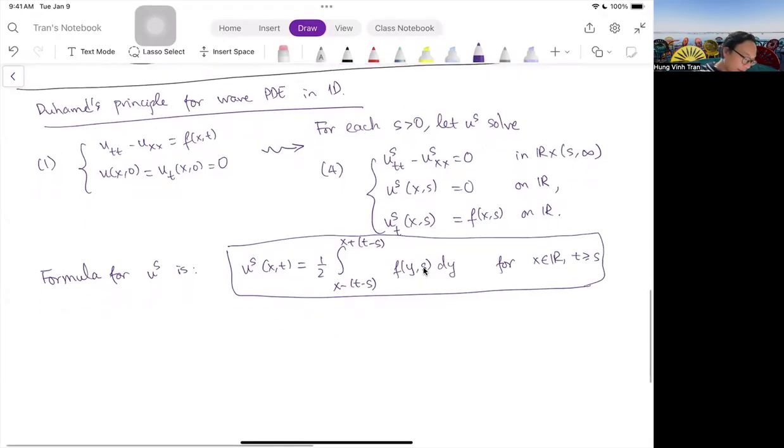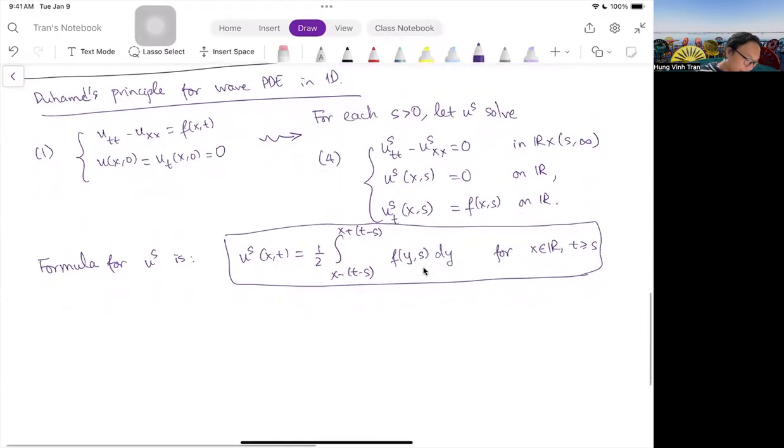So now let me state the theorem for this mini lecture, and we're going to prove it quickly and we are done. The solution to (1) is u(x,t), which is exactly summing up all the contributions from the source term being considered as initial data. So we're going to sum everything back.